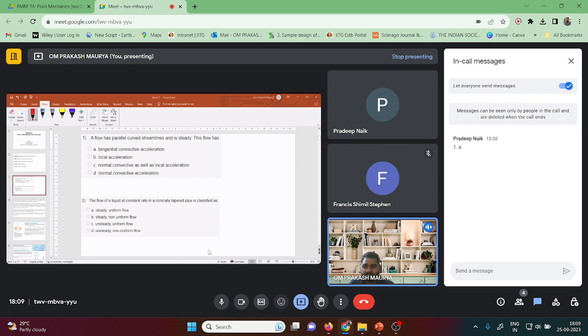Pradeep is telling the tangential convective acceleration. Okay, normal as well as the local acceleration. Please see the question: a flow has a parallel curved streamline and is steady. Steady means there is no change in velocity with respect to time. So if you remember the equation of acceleration, you can easily give the answer.